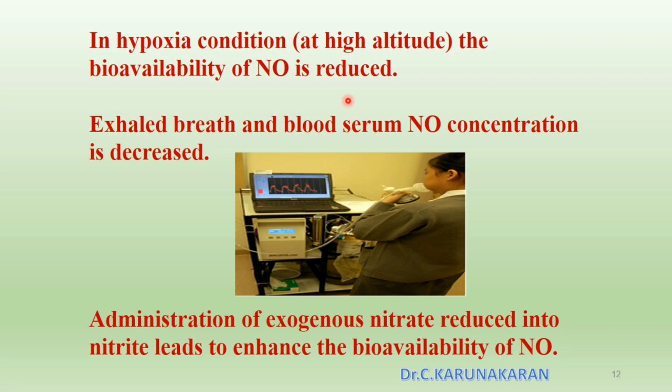These are all not portable. So we need to measure the nitric oxide and nitrate levels at high altitude for our military jawans, and how the levels vary when you go to the hill, compared to when you are on the ground at normal sea level.